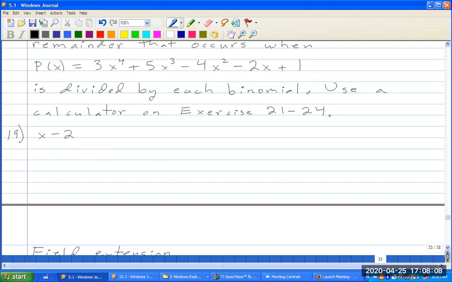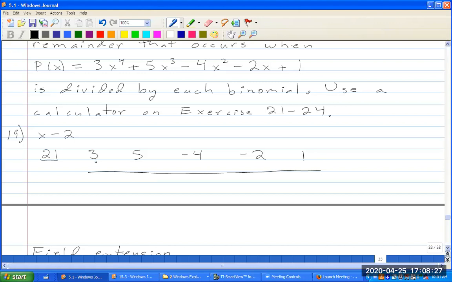So let's do synthetic division. I'll divide by x minus 2: 3x to the 4, 5x cubed, minus 4x squared, minus 2x, plus 1. Okay, 4, 3, 2, 1, 0. Okay, good.